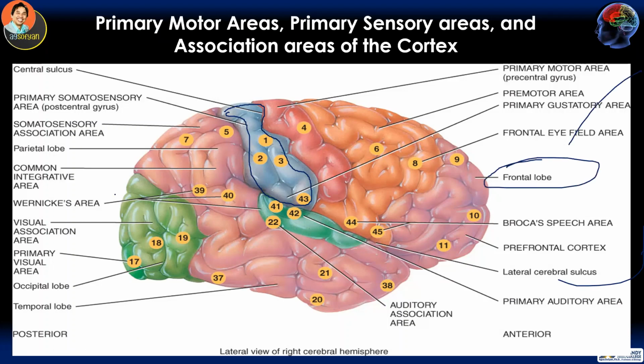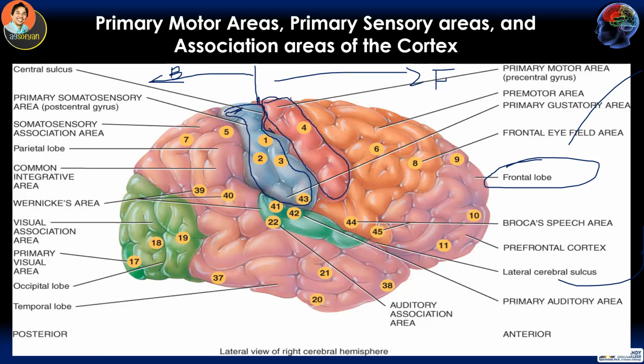Okay, so this is the front, and this is the back. So this is opposite to what we had on the previous picture. This is the central sulcus, so this is going to be the back part. I'm going to talk about this one first, the number 4 over here.